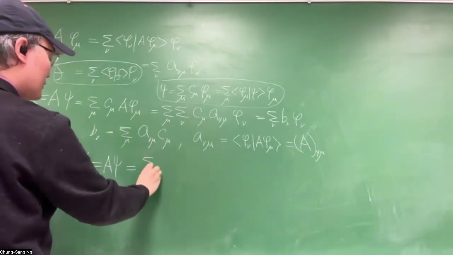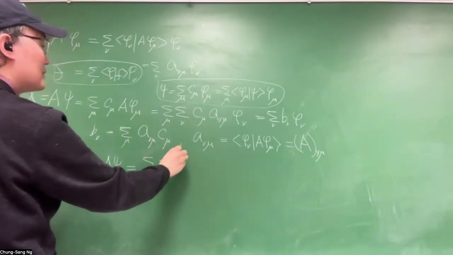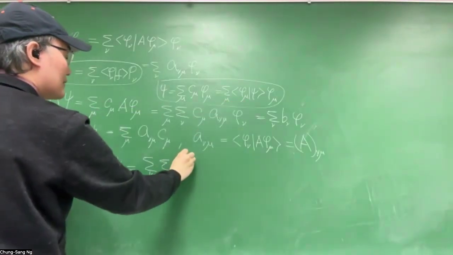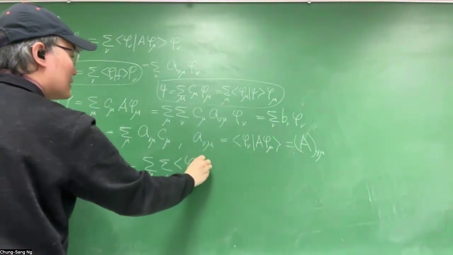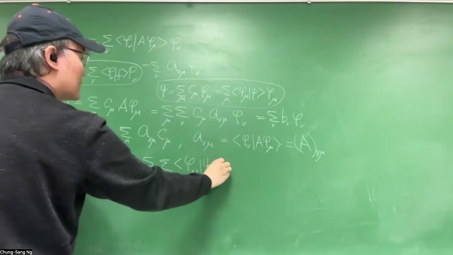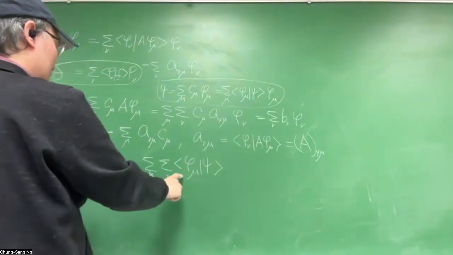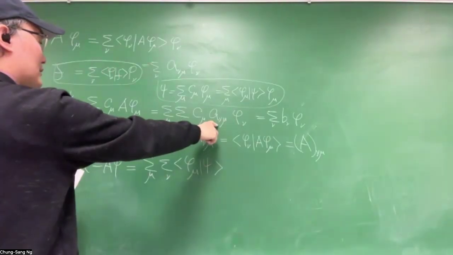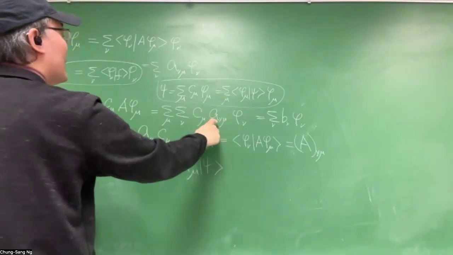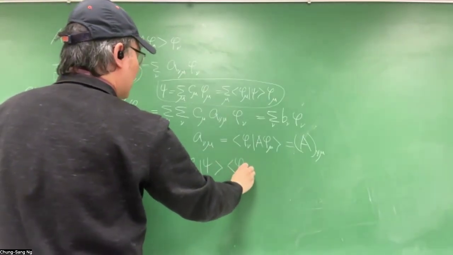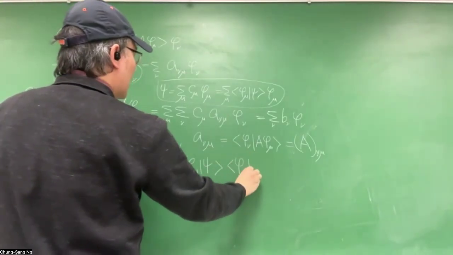Sum over mu. C sub mu is this one. Wait, no, we wanted this one. So this is this one, and A sub nu mu is this one.